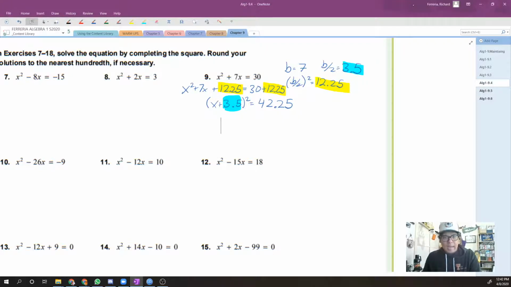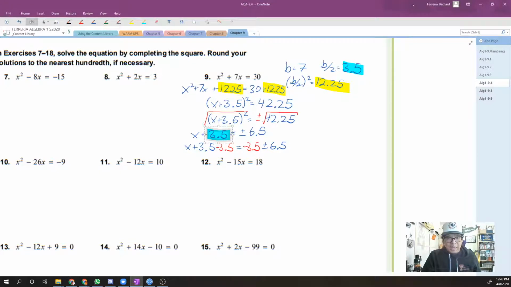Okay, next you're going to take the square root of both sides. Both sides means the left side of the equal sign and the right side of the equal sign. When you take the square root of the left side, all you're doing is removing the square. And if you take the square root of the right side, you're basically just asking your calculator what to do. So the square root of 42.25 is 6.5, and of course we mean positive and negative 6.5.